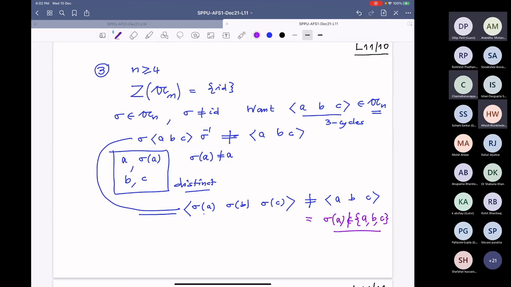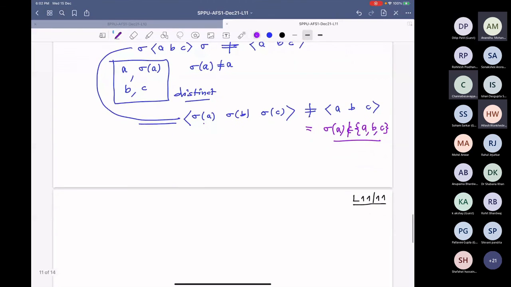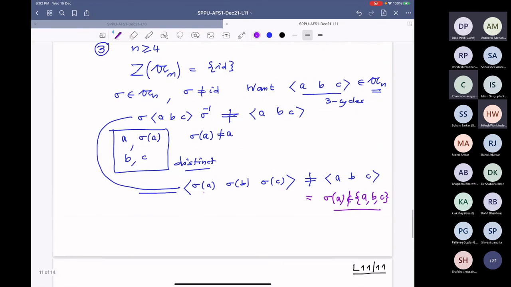Even in the worst case, say this is B and this is C, still in this C will go to sigma A and in this C will go to A. All right. So convince yourself that what I wrote is correct. So therefore we noted that the center of the alternating group is also trivial.